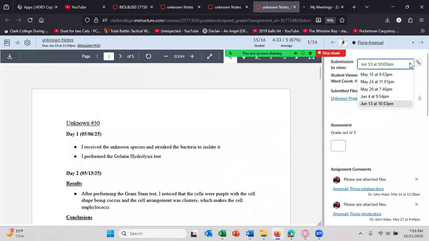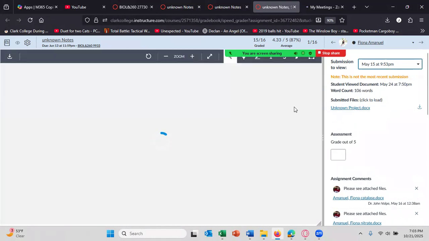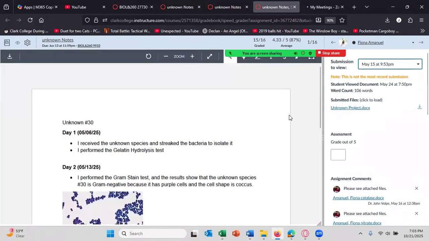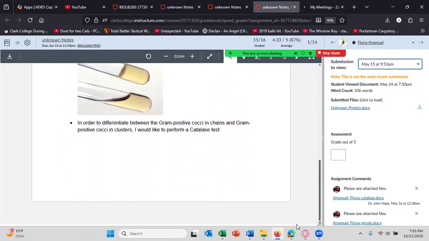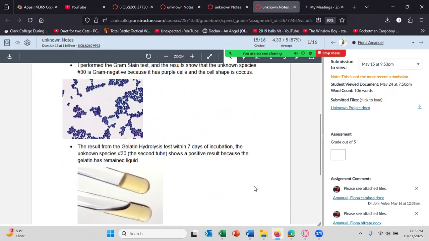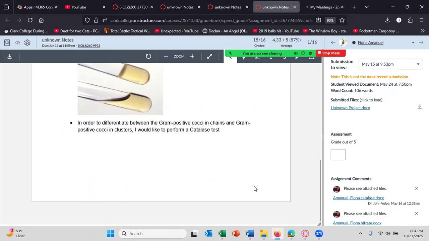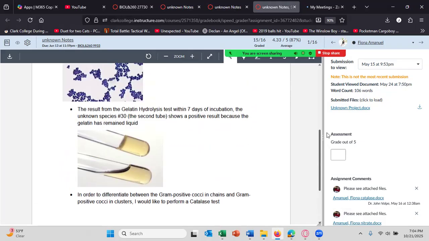So she has many different documents: one, two, three, four, five. Let's go May 15th. She started the gelatin hydrolysis test on 5/6, and started the gram stain on 5/13. Not seeing the third one. She didn't do the third one.